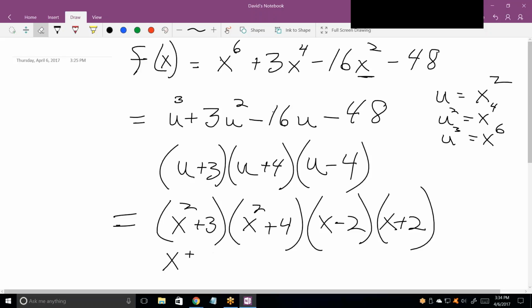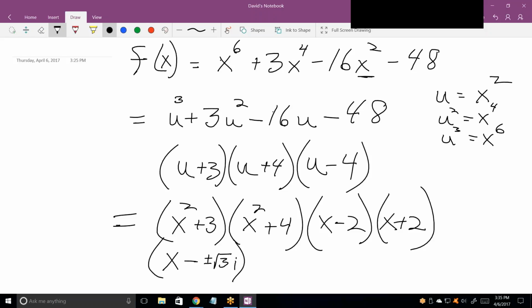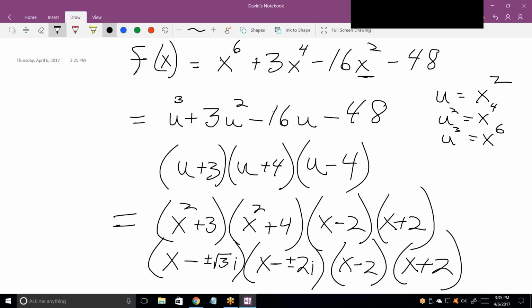Remember, it's x minus the 0, and the 0 was plus or minus square root of 3i. So you get those two factors from that first quadratic. Over here you get x minus plus or minus 2i. Here we have our x minus 2 and our x plus 2. So if they really want you to take it all the way down to complex numbers, you can.